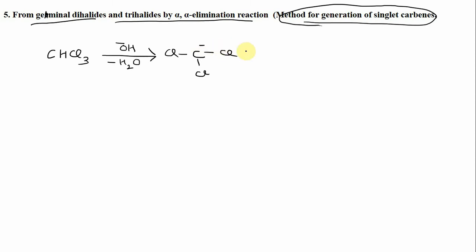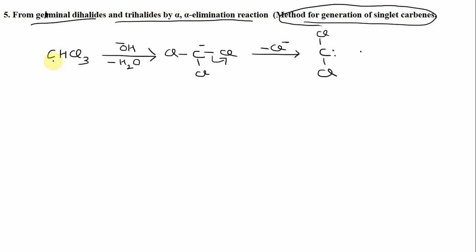Now this further loses one Cl as Cl negative ion to give dichlorocarbene, which also acts as a reaction intermediate in the Reimer-Tiemann reaction.